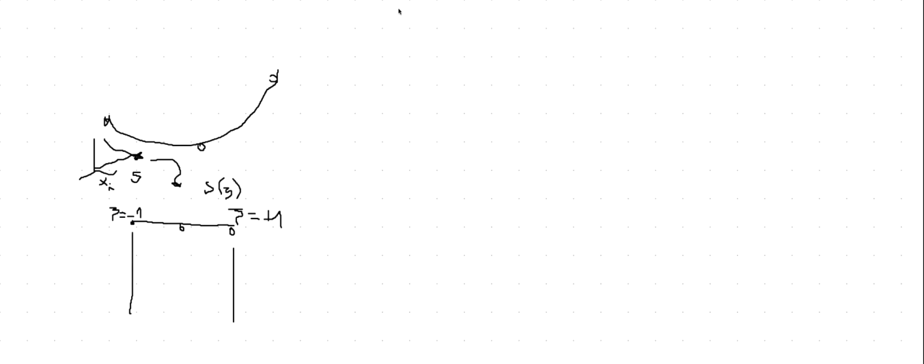And my shape functions are, N1 will be equal to 1/2 psi times psi minus 1. So it's equal to 1 when psi is equal to -1 and 0 at the other nodes. Then N2 will be this bubble function, which is equal to 1 minus psi squared.